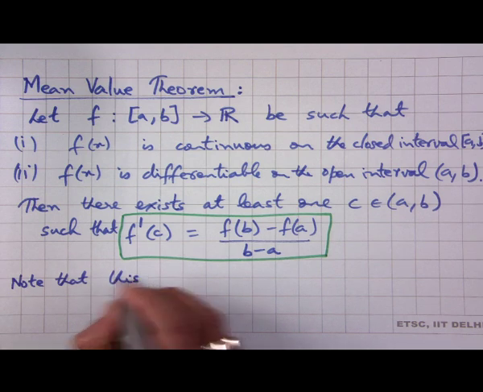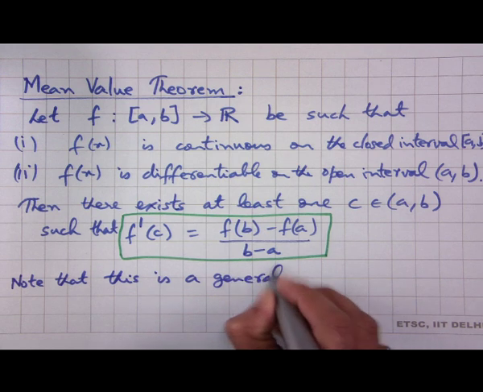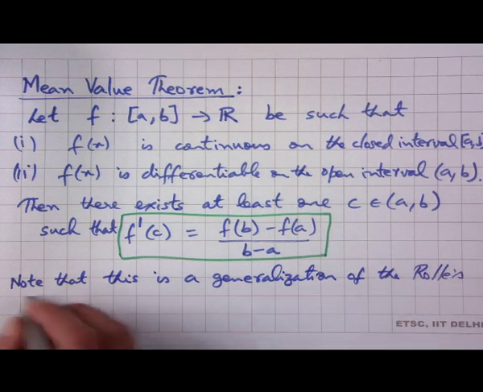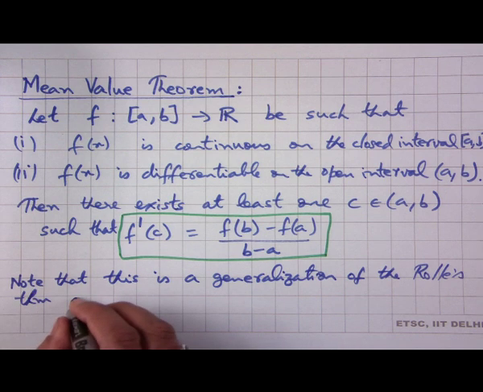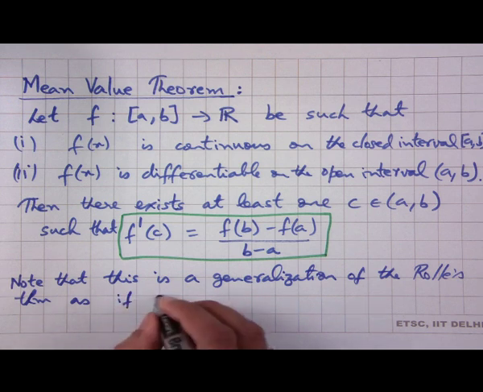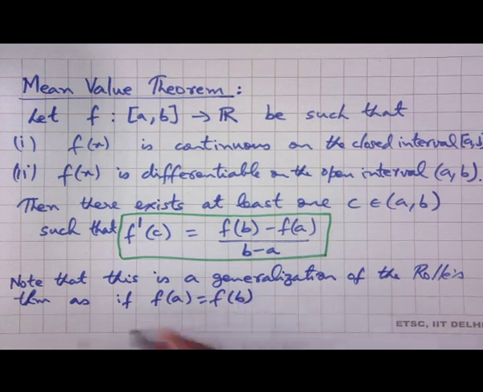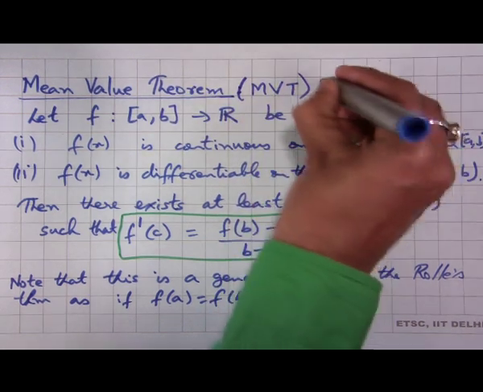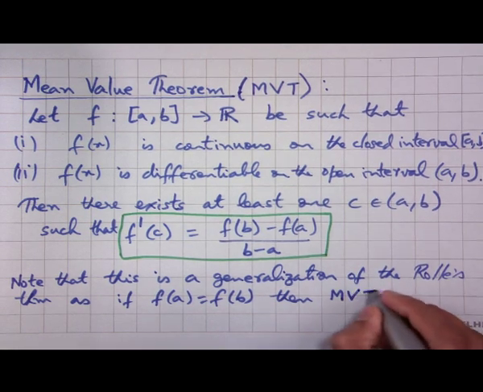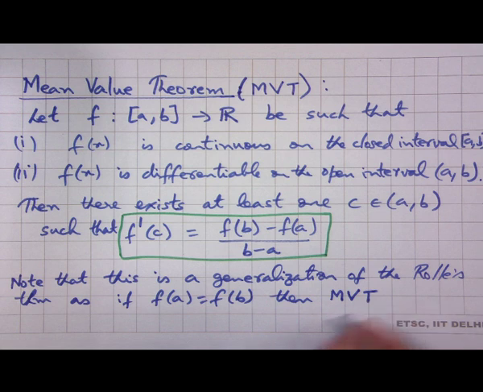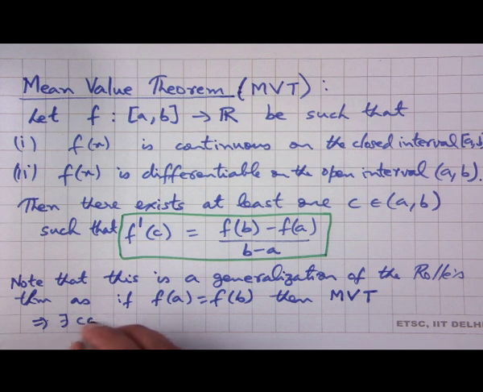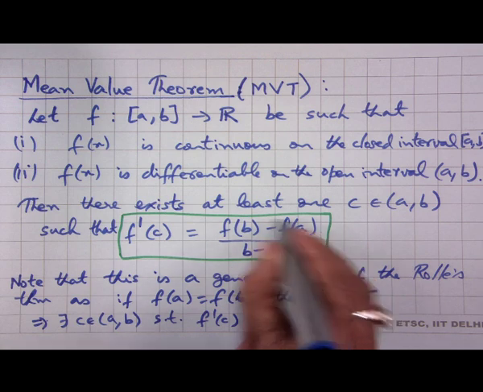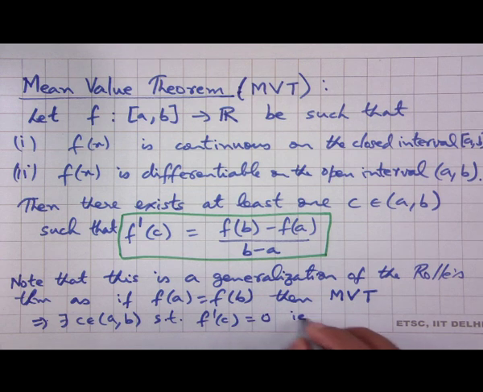So, note that this is a generalization of the Rolle's theorem, as if f of a equal to f of b, then the mean value theorem, which we will write in short as MVT, implies there exists c in (a, b) such that f prime c is equal to f of b minus f of a, which is 0. That is the Rolle's theorem.